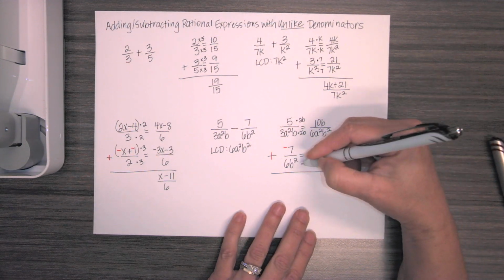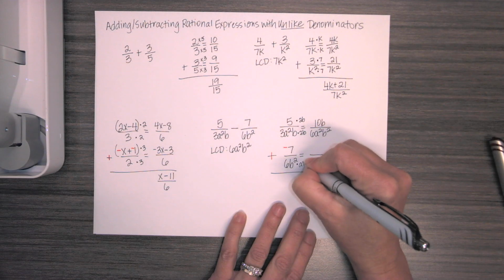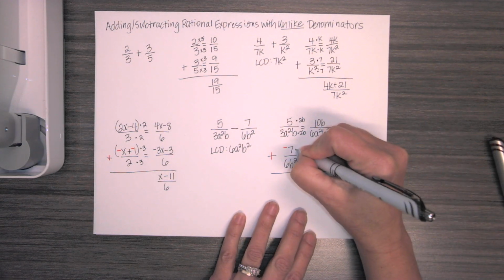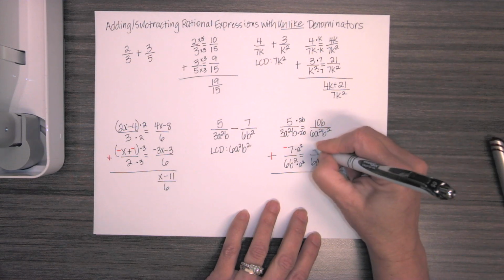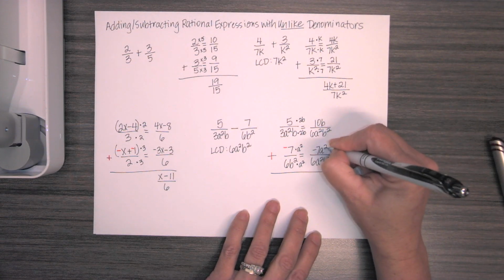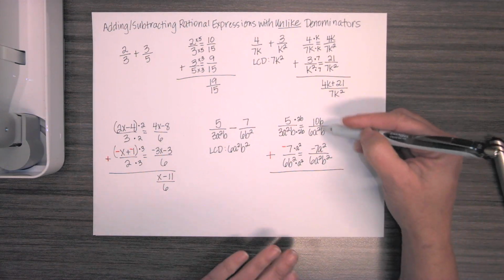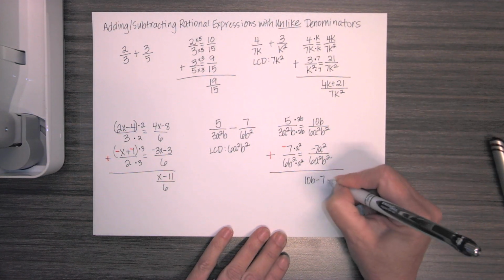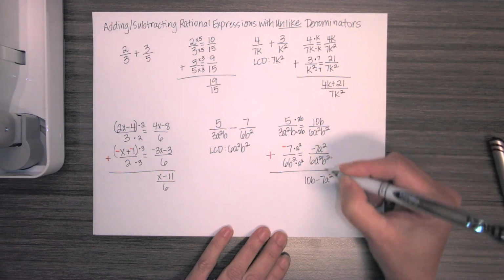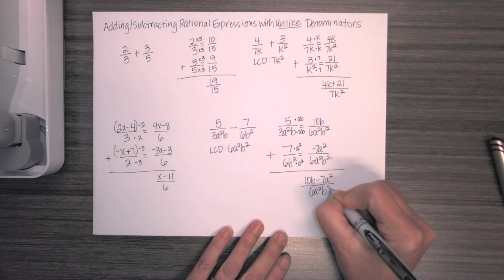Down here on the bottom, I've got the 6, I've got the b squared. What I'm missing is the a squared. So I'm going to multiply the bottom and the top of that fraction by a squared, which is going to give me negative 7a squared. Alright, I'm ready to combine, and my numerators don't have like terms in them, so I'm just going to put them together over the common denominator.